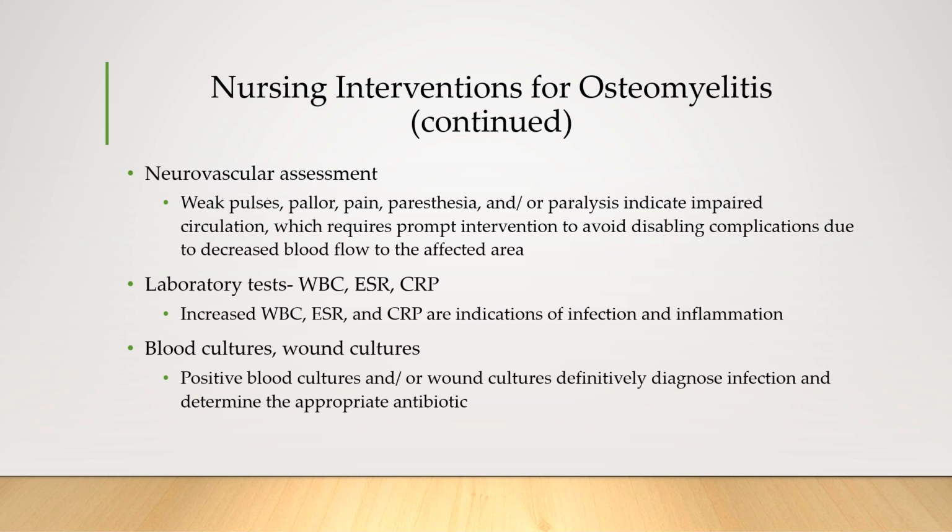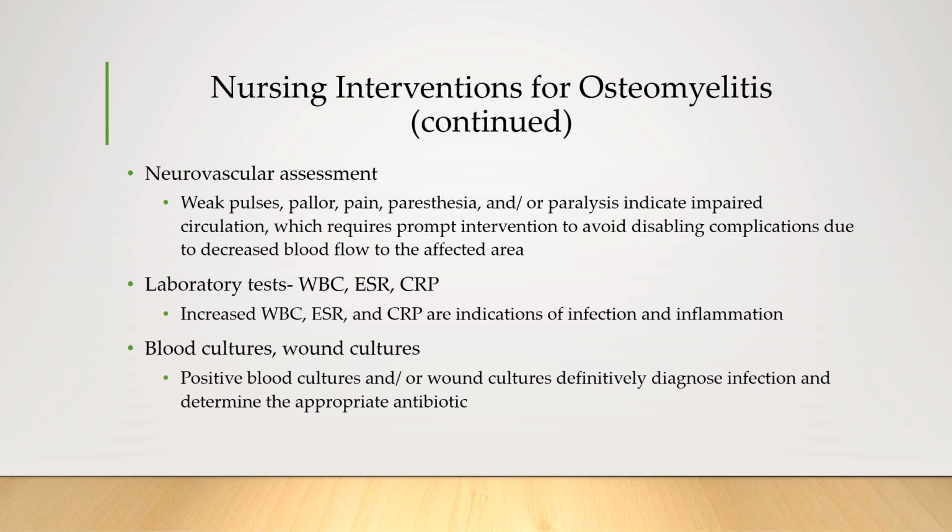Neurovascular assessment. Weak pulses, pallor, pain, paresthesia, and/or paralysis will indicate impaired circulation, which will require prompt intervention to avoid disabling complications due to decreased blood flow to the affected area.